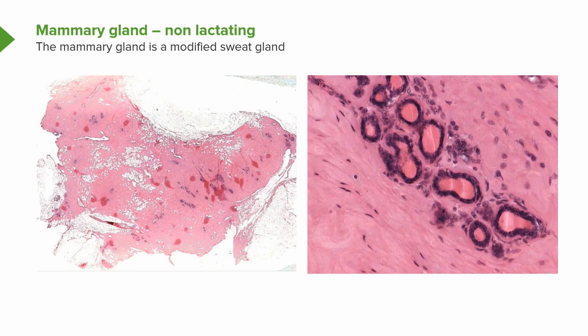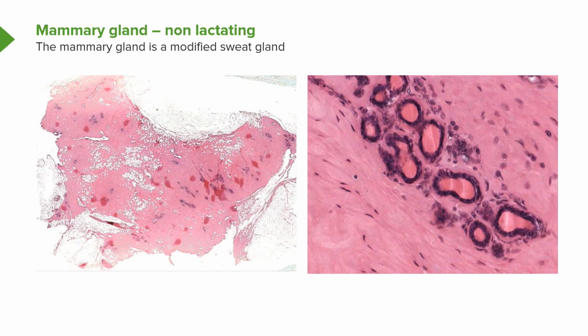The left-hand picture is taken at low magnification, and you can just make out some dense connective tissue, some adipose tissue, and then tiny profiles of terminal ductules, small ducts that remain in the non-lactating breast. These terminal ducts are shown at higher magnification on the right-hand side of the slide.